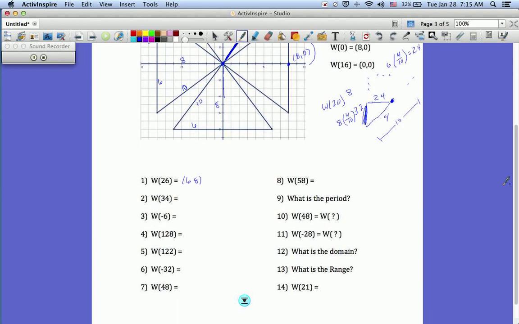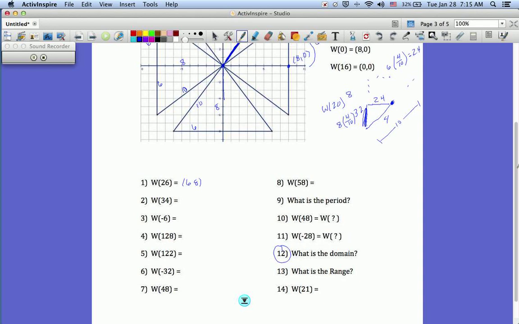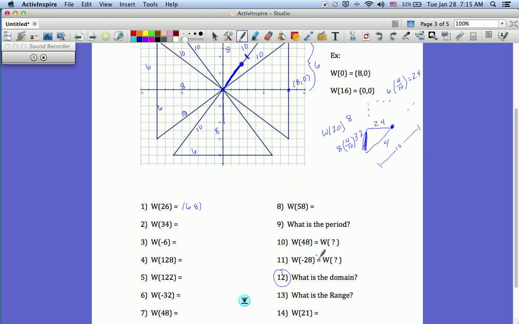All right, so domain and range. Let's take a quick peek at domain and range. Domain are our inputs. Domain is always our input. Well, I can do a wrap of anything I want. My domain is all real numbers. Range is my output. I have two different outputs. I have an X output and I have a Y output. All right, my X's range from -8 to 8. I cannot get a value other than something between -8 and 8.